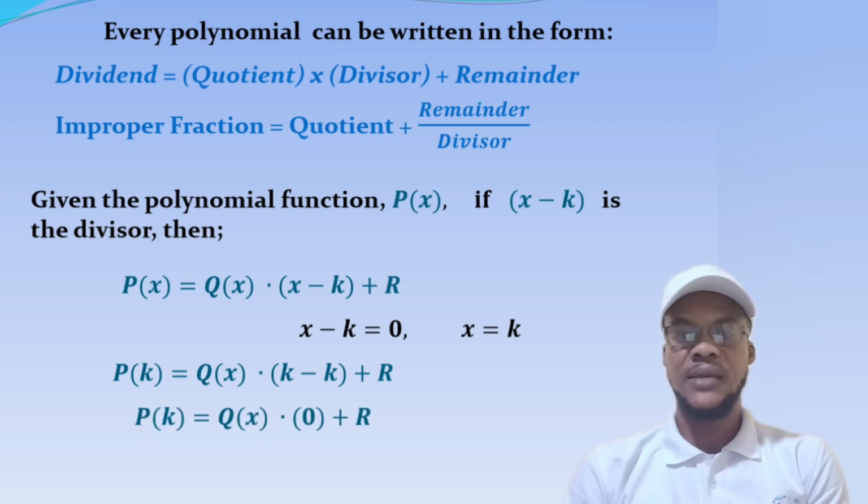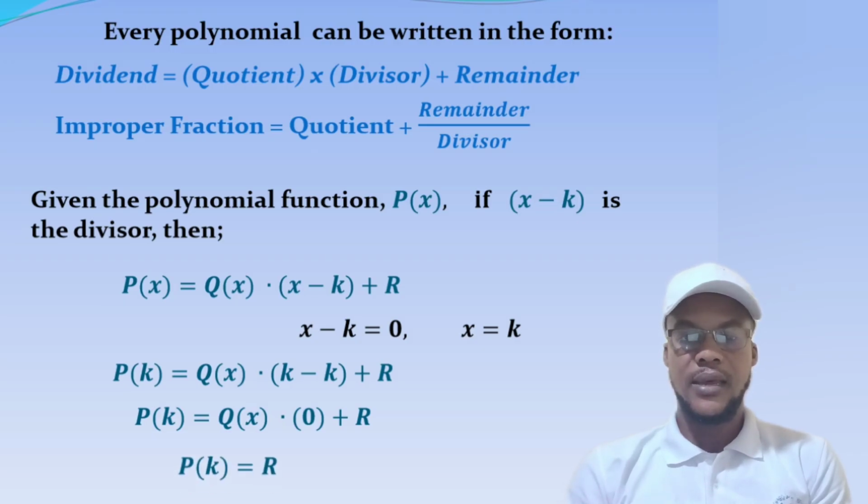The quotient times 0, because when you substitute k for x, at the end of the day you are going to subtract k from k, and that makes 0. So if you multiply the quotient by 0, that portion goes, and that leaves p of k to be r.